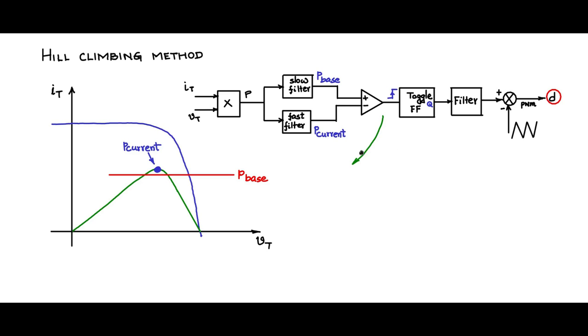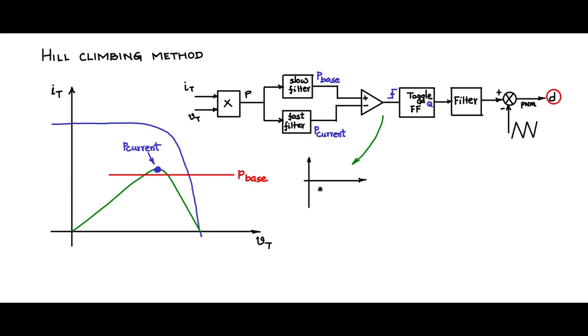So now let's look at this waveform here at the output of the comparator. At the output of the comparator, we are comparing P base and P current. P current is most of the time higher than P base, so with P current given to the minus, the output will be low. Now let us say this op amp has VCC and 0 as the power supply.